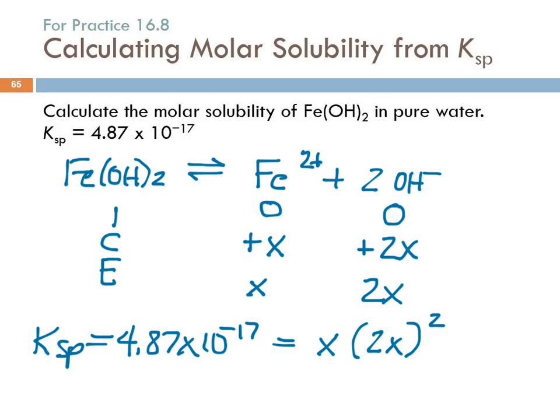It's important to square the quantity because the 2 gets squared as well. So that is 4X cubed, right? Wait, that's not what I wanted to do.